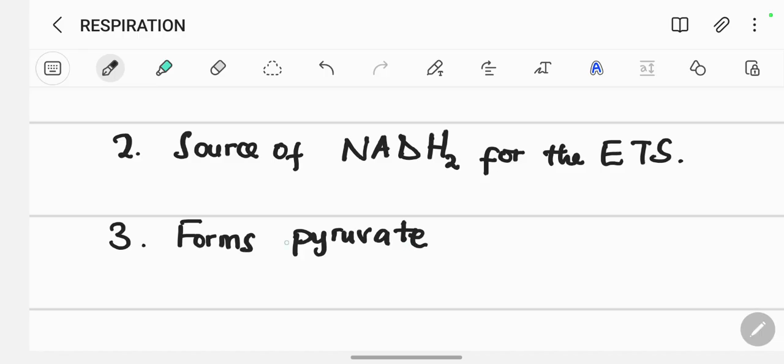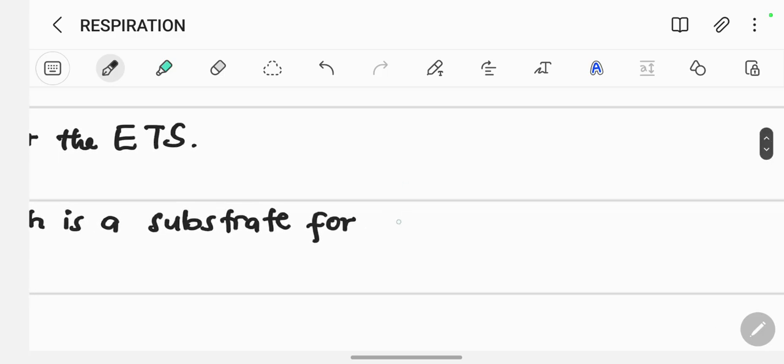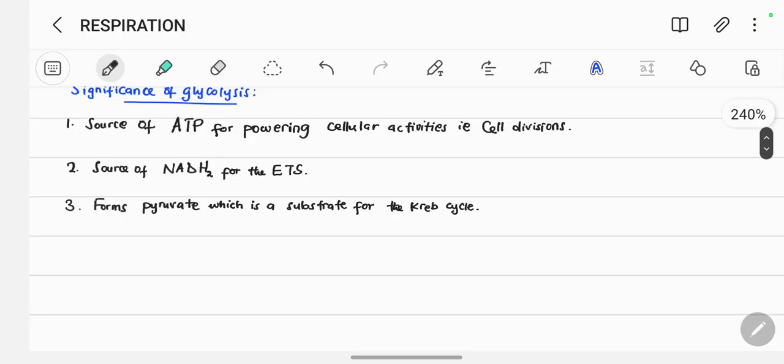So we are forming pyruvate, which is a substrate for the Krebs cycle. So that is it.